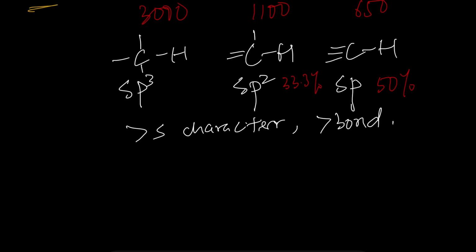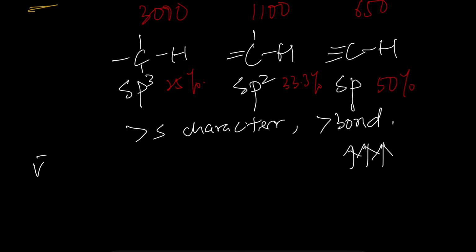In sp3 it is around 25%. So you can see in sp, the alkyne, the one with triple bond, the alkyne C-H is with greater s character. So the C-H bond with the carbon with sp hybridization state is stronger, so now the wave number is higher.